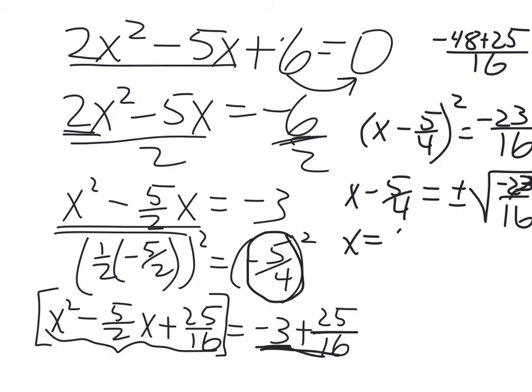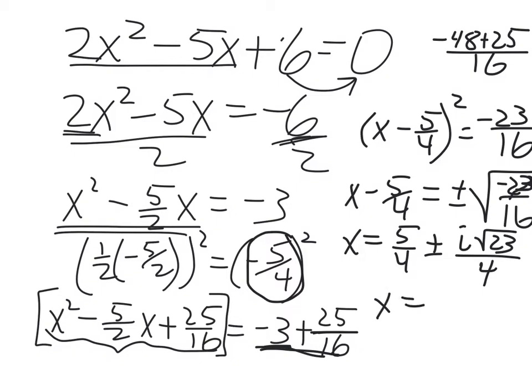We can add the 5/4 to both sides, plus or minus, and simplifying that square root, well, as much as we can. The denominator, at least, we can write square root of 16, which is 4, and we end up with this.